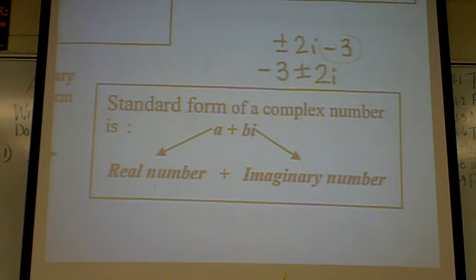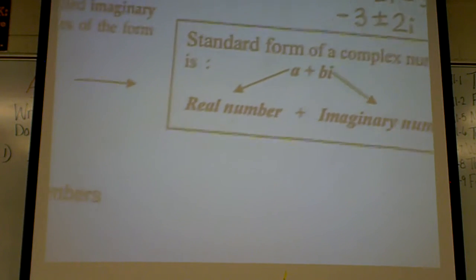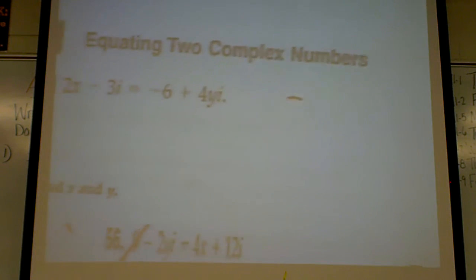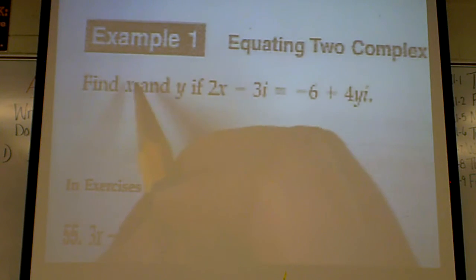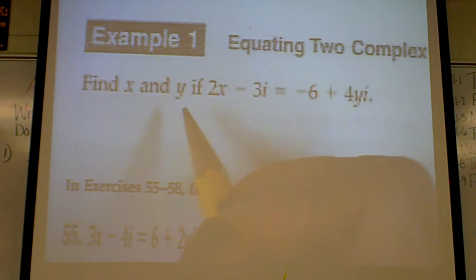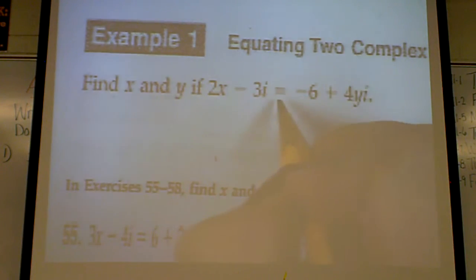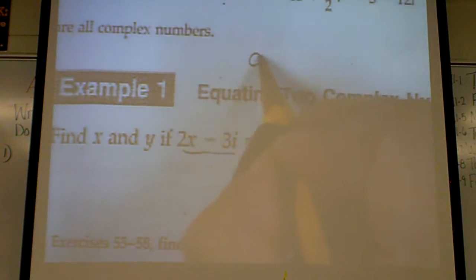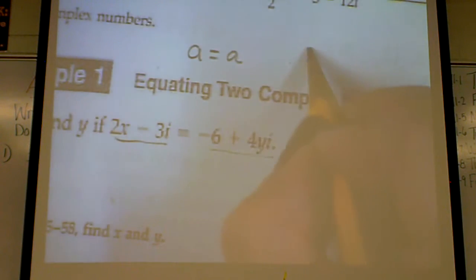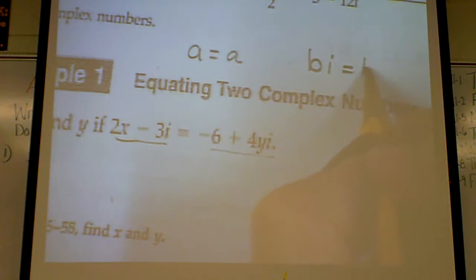Okay, so now, look at this first example. The directions say find x and y. This is an algebra question. They are setting two complex numbers equal to each other. So if this complex number equals this complex number, what you can do is set your a values equal to each other, and your bi equals your bi.